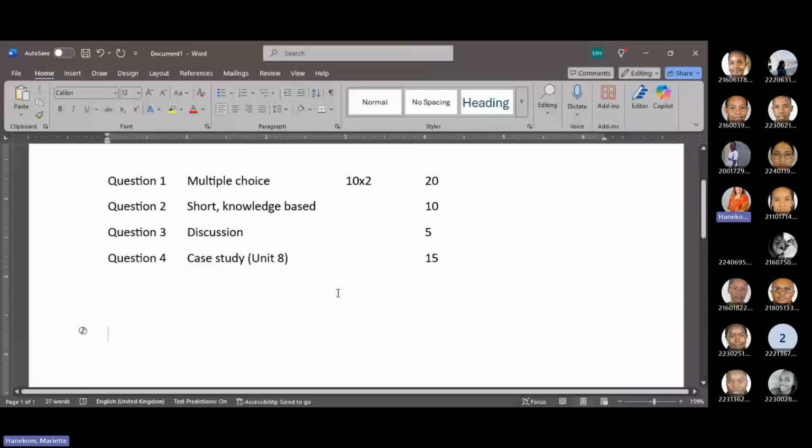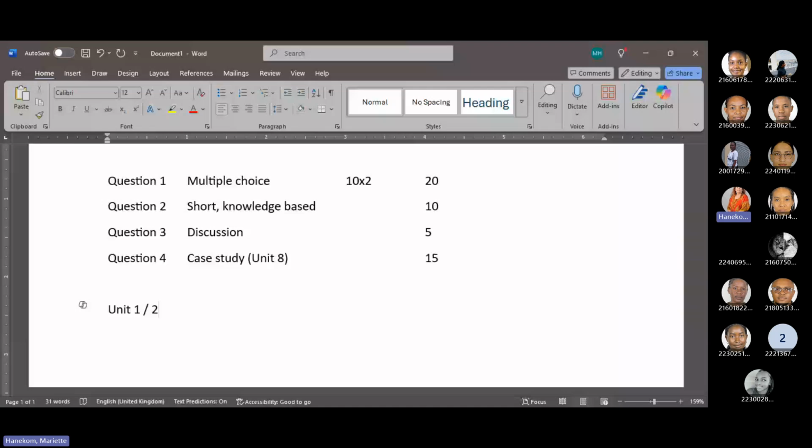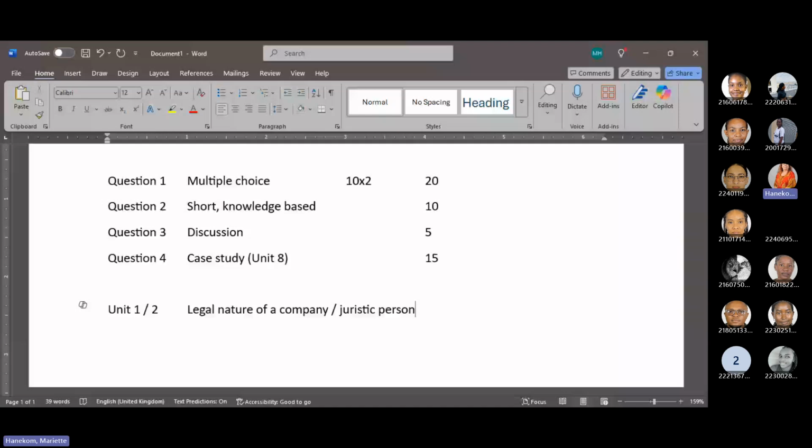Units 1 and 2 were basically about the legal name of a company, the fact that the company is a juristic person. Make sure that you understand the concept of a juristic person. What is a juristic person? What are the consequences of an entity being a juristic person, having legal personality?